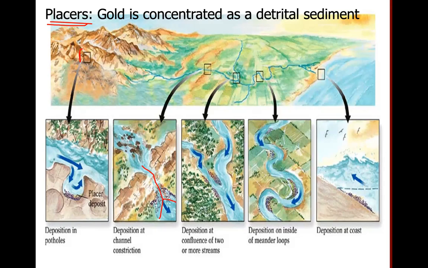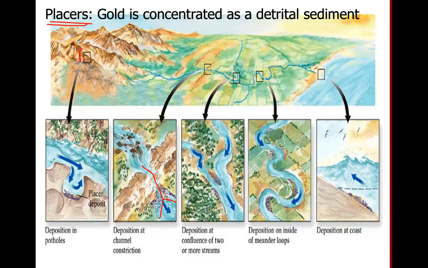So in this situation, energy release is taking place because in this squeezed area all the particles are in a high energy status. But once it comes to the broader region, they release their energy and they lose energy. So the heavier ones get deposited in these banks, right? Therefore, some placer deposits can be formed in such regions as well, right?